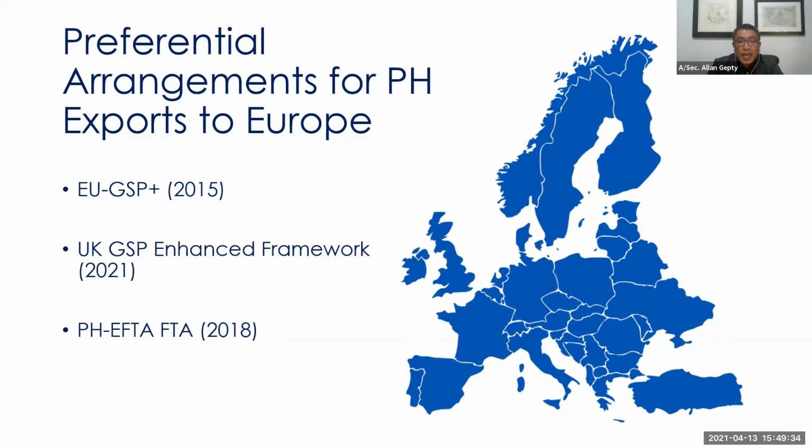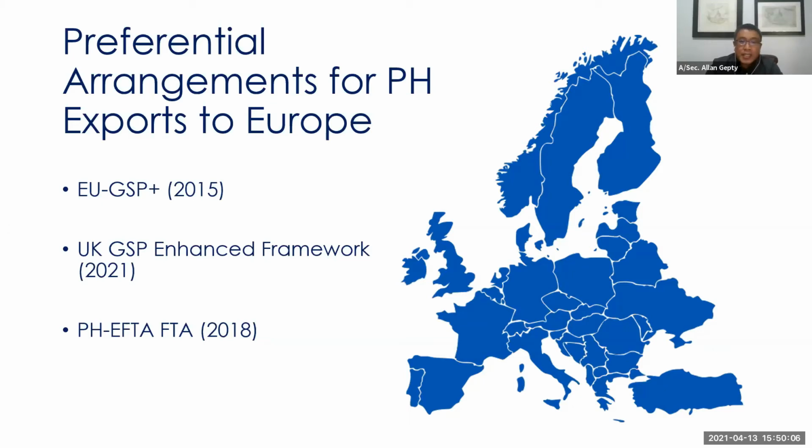And the other one is the UK GSP Enhanced Framework. Take note that UK GSP is a result of the Brexit. And it's a good thing that the United Kingdom maintained the preferential access that our stakeholders are enjoying in their market. And the third one is the free trade agreement that we have secured with the EFTA countries, or the countries such as Switzerland, Norway, Liechtenstein, and Iceland.